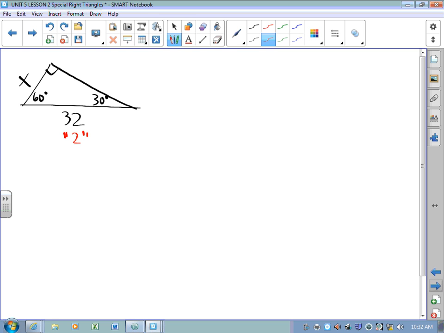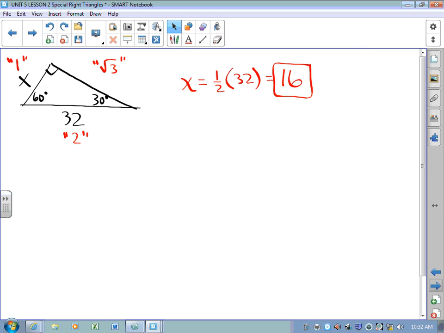It's the side that's twice as big as the one that's opposite the 30. This is the 1 in the 1, 2, radical 3 right triangle. This guy here is the radical 3. So if that's the case, then the x that I want is half as big as the 32, and that's just 16.